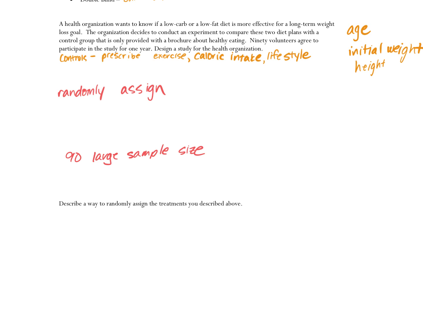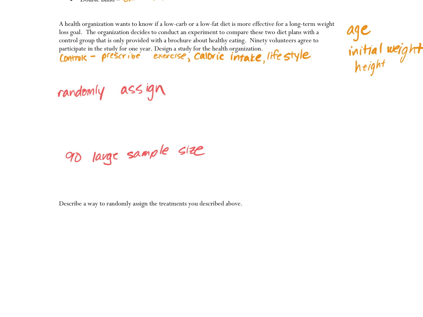So we got to the place where we haven't designed the sampling design yet, or the actual assignment of treatments. The nice thing about this is assigning treatments randomly is very similar to randomly selecting.